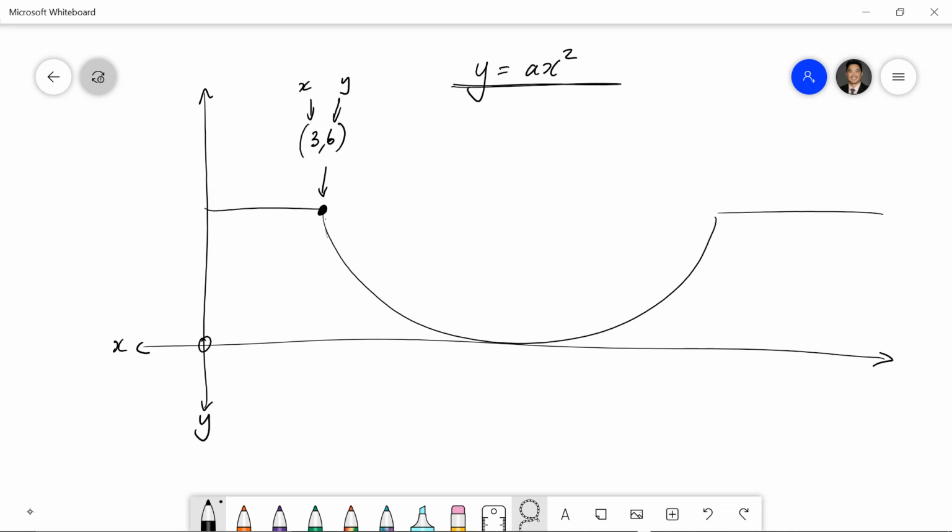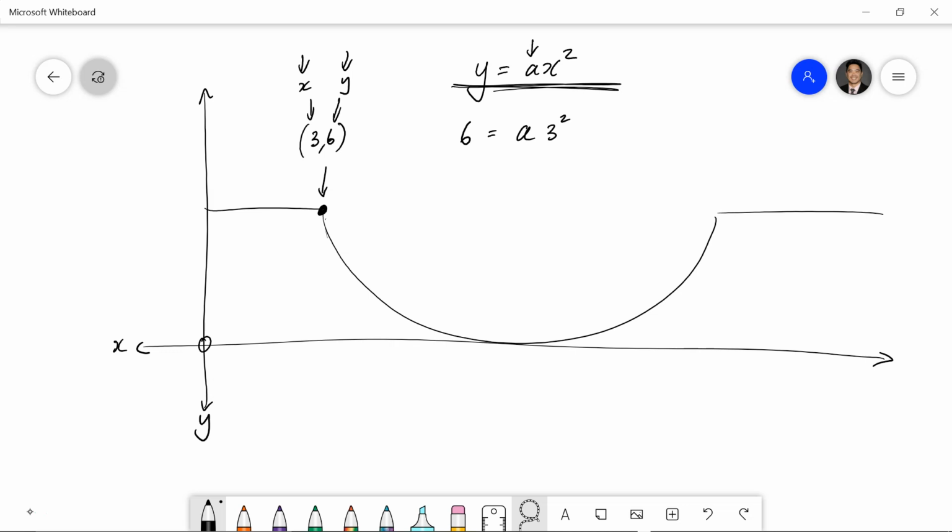Now, the question's asking what is the formula, or what's the equation for this ramp giving that shape? And essentially what we can do, we know what the x value is, we know what the y value is, we just don't know what the a value is. So if we just substitute these values that we're given, so y is 6 when x is equal to 3.